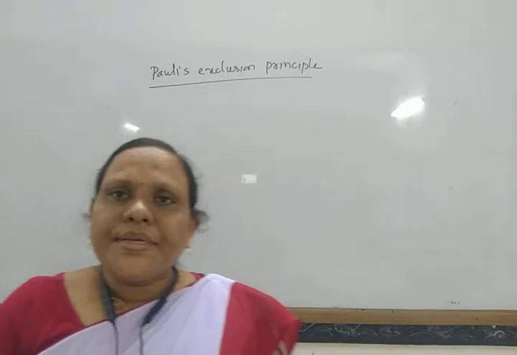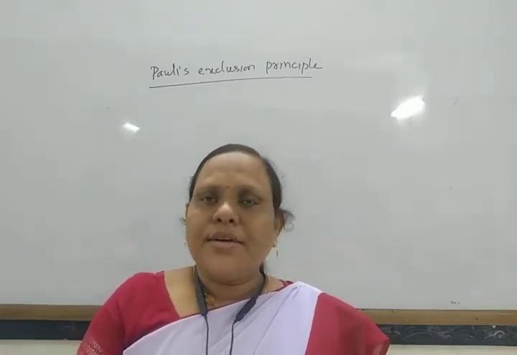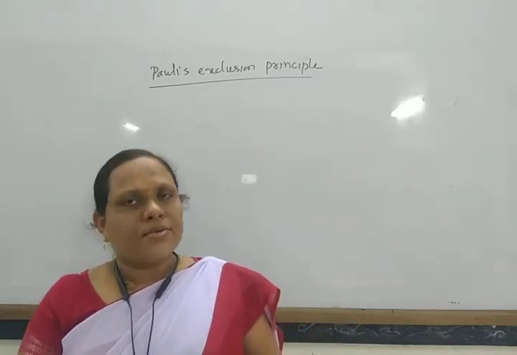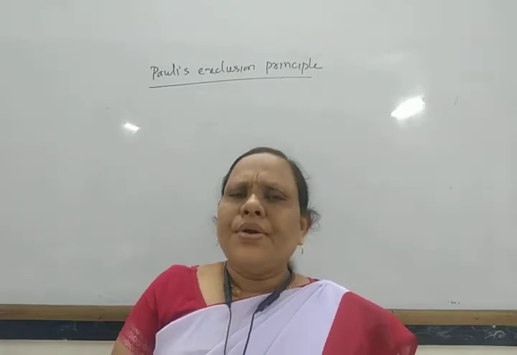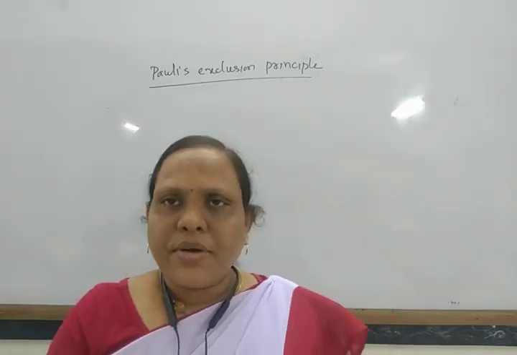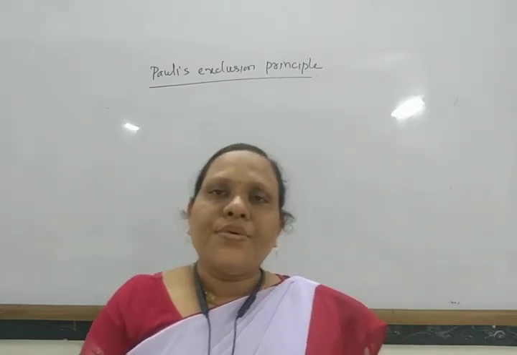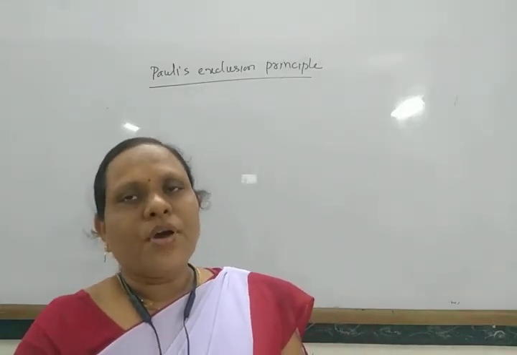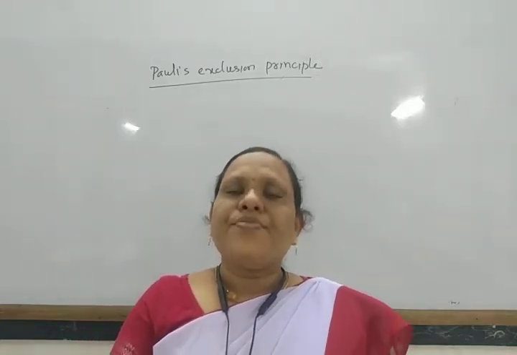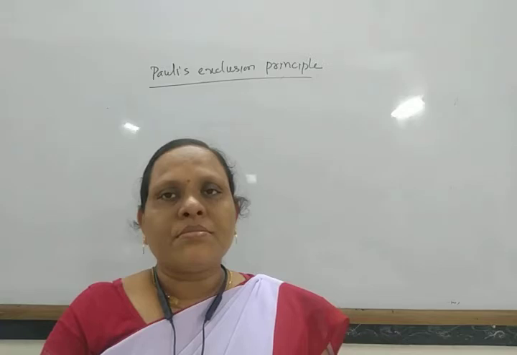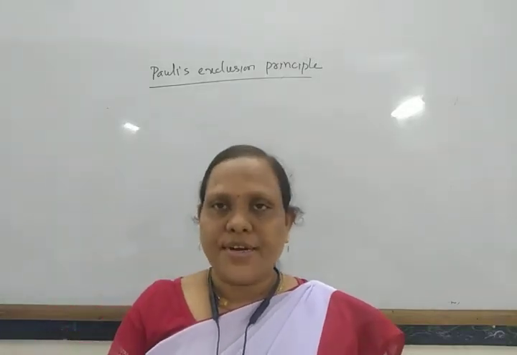According to this principle, Pauli in 1925 studied all these quantum numbers, and he concluded that if we consider any two electrons, then no 2 electrons in an atom have all the 4 quantum numbers alike. They may have 3 quantum numbers the same, but the 4th quantum number must be different.